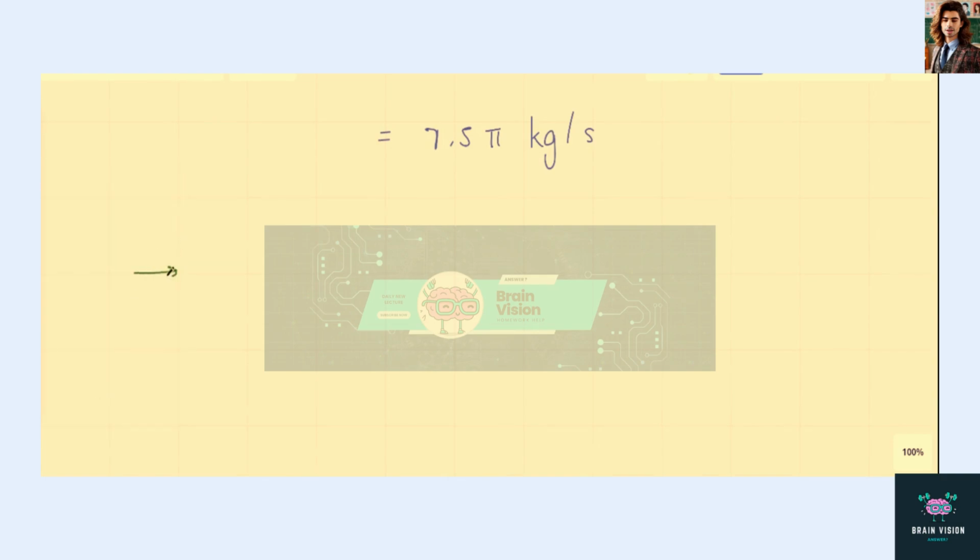So if we take the right direction as positive and look at the horizontal components, the sum of all the forces acting in the x direction is equal to, using our flow equation, dm/dt multiplied by vBx minus vAx.